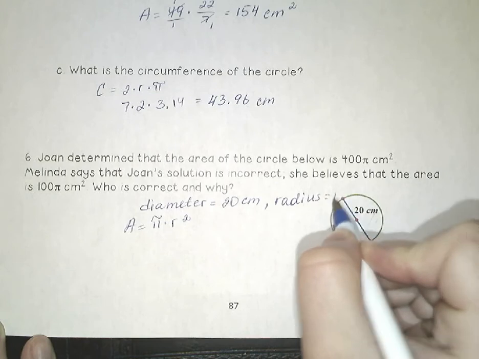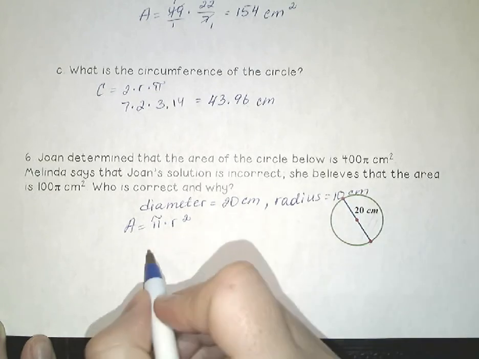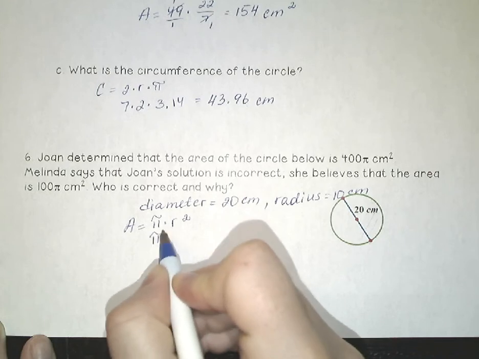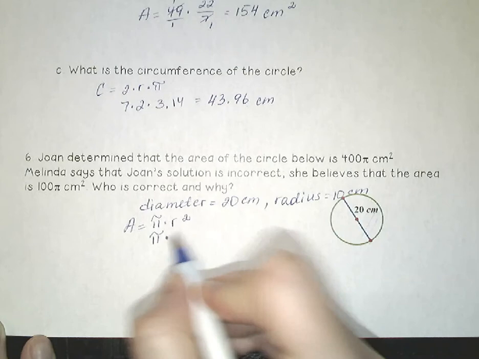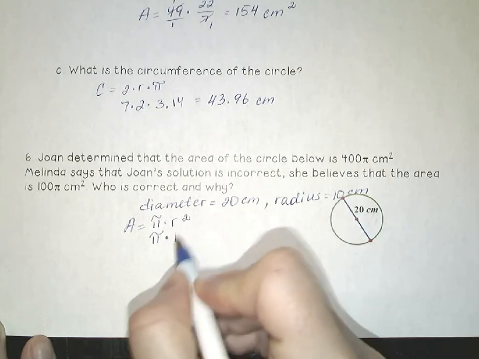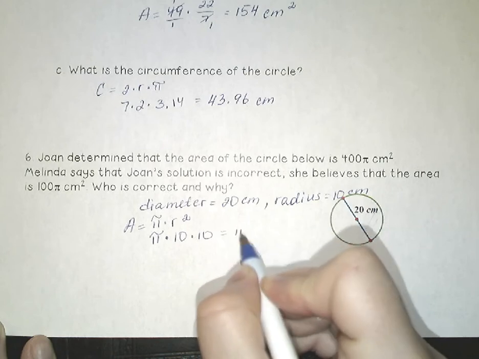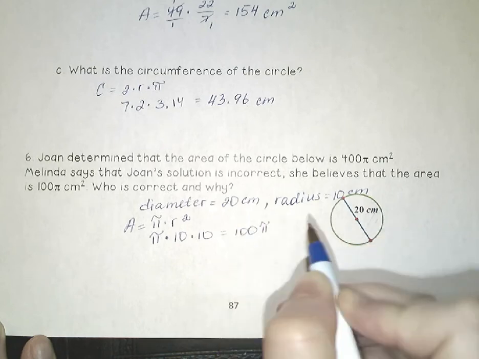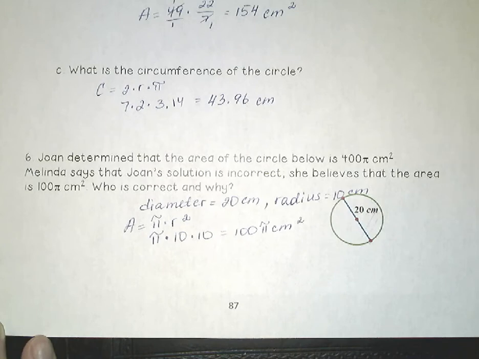Radius equals 10 centimeters, right? So that will be pi, since it says in terms of pi, that's all I'm doing. Pi times 10 times 10. That makes it 100 pi centimeters squared. Okay, that means that Melinda is correct, right?